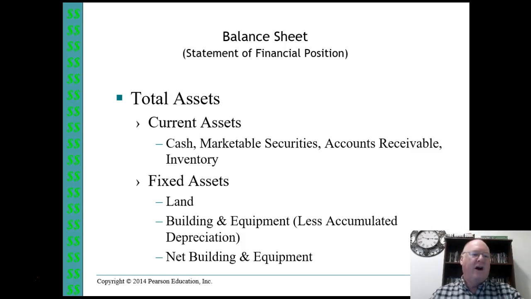Current assets are basically those things which are either currently convertible to cash or are going to be convertible to cash or a cash-like instrument within the next 12 months. So that will include cash, marketable securities, accounts receivable, which are monies that are owed by customers, and of course your inventory. Fixed assets are those assets which are not readily convertible to cash.